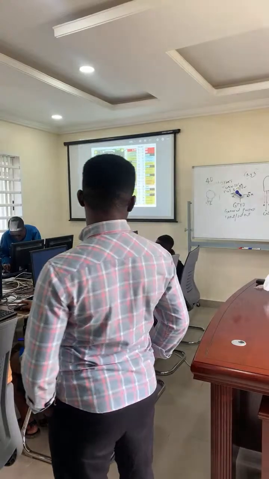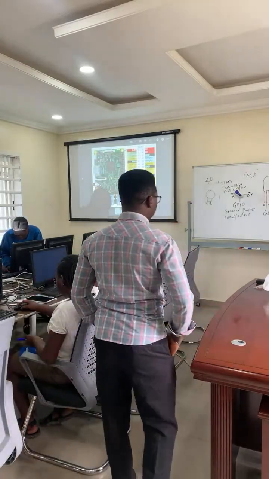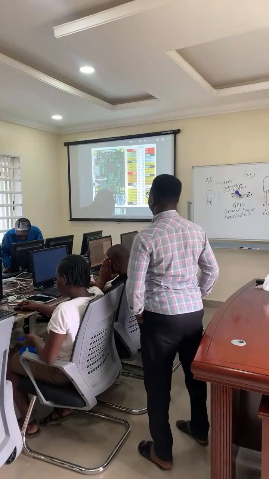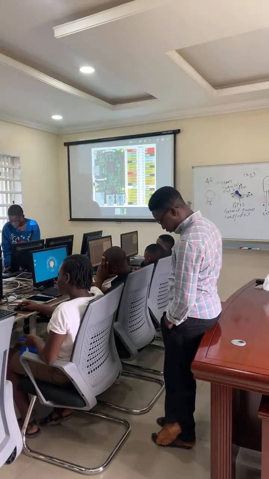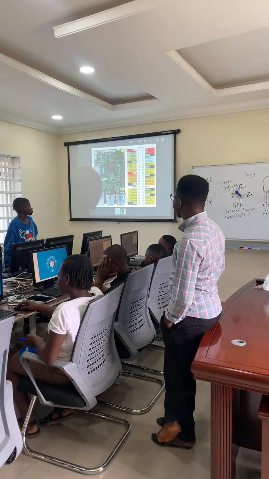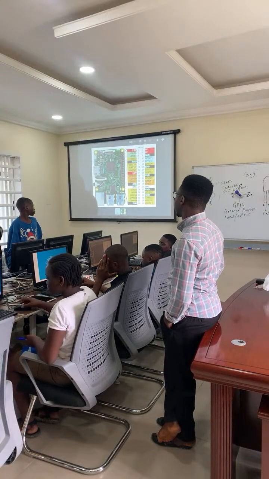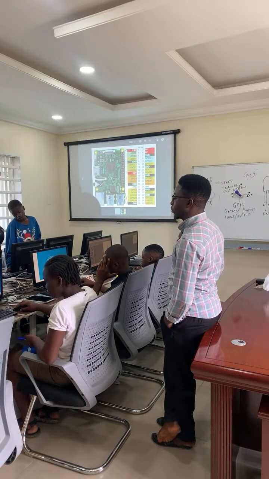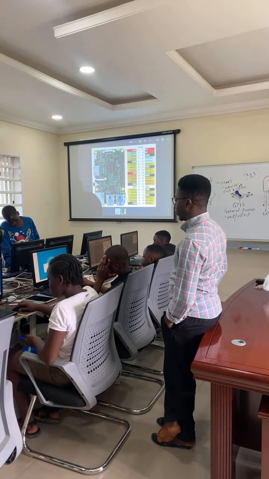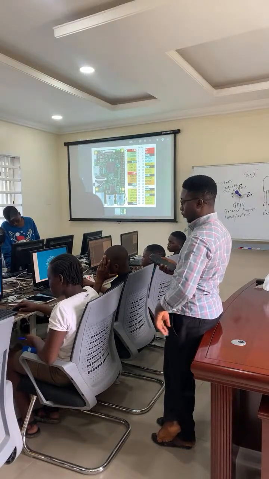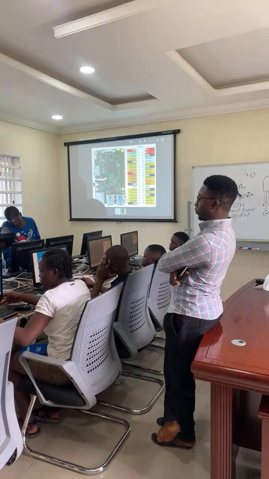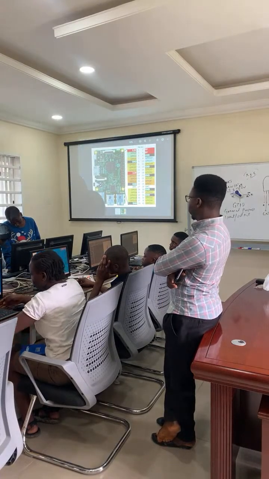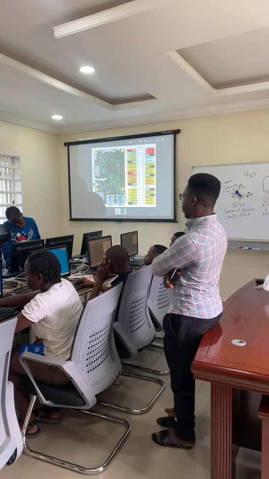Then this one, the first on the right. This one, you put it on the positive. This is the ground. This color. This thing is ground.